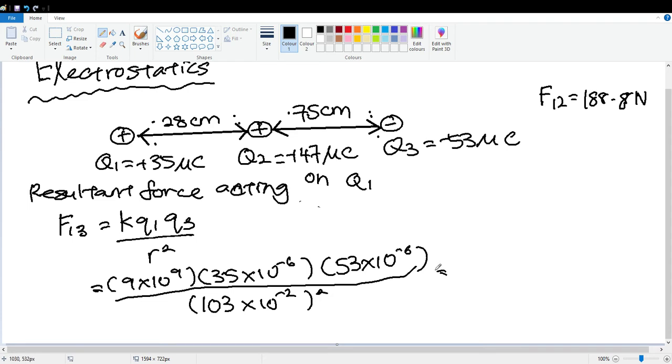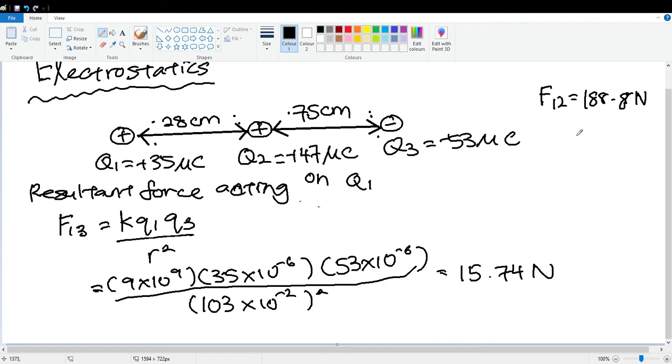So 9 times 10 to the power of 9, times 35 times 10 to the power negative 6, times 53 times 10 to the power negative 6, divided by 103 times 10 to the power negative 2, squared. What I get for F13 is actually 15.74 Newton.